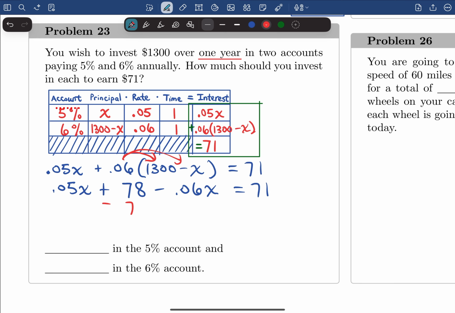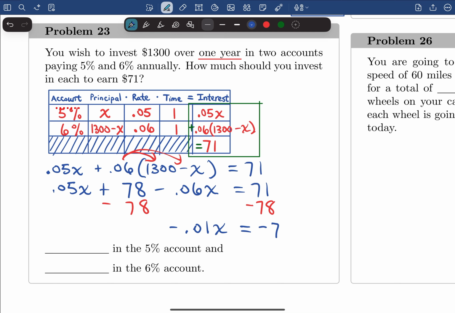I'm going to subtract 78 from the left side to the right side, right? I'm going to move those constants together. And then 0.05x minus 0.06x is negative 0.01x. I've combined my terms with x together. And 71 minus 78, well, yeah, that's negative 7.